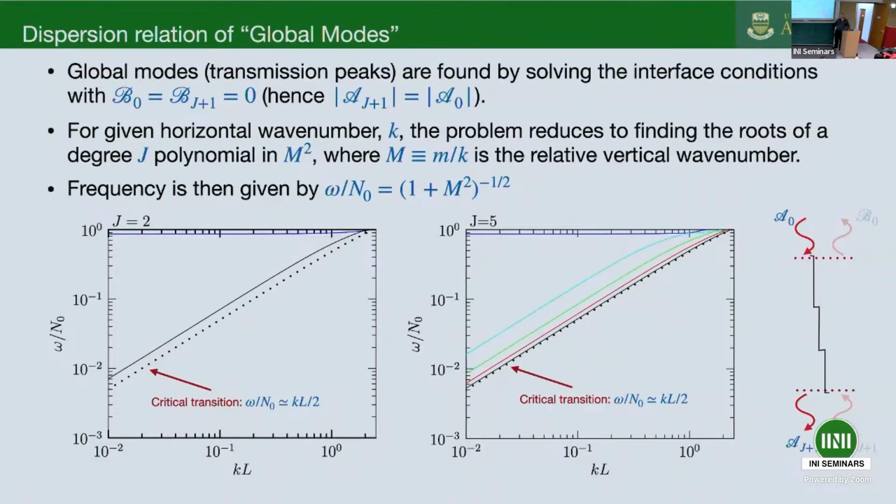For any astrophysicists who think about this problem of wave tunneling through staircases in stars, these are called global modes. I'm not an expert in this at all, but they're called global modes because these are the modes that, from a telescope afar looking at a red sun in the distance, you might actually see these waves because of this perfect transmission characteristic. Okay.